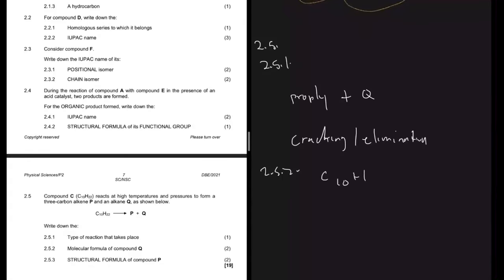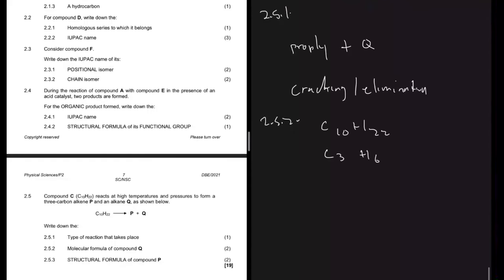Then 2.5.2 says molecular formula of compound Q. Okay, so we start with 10 carbons, and then we have 22 hydrogens, right? And then we have a 3-carbon alkene. So that's 3 carbons, an alkene. So this is supposed to be H of 2n, n is 3 in this instance, so that will give us 6. So what's left? 10 carbons, and then we subtract 3 carbons.